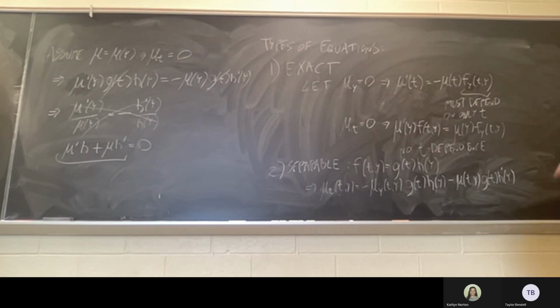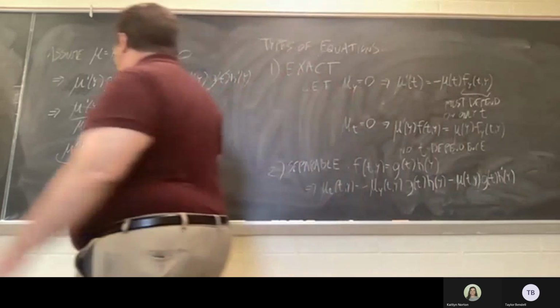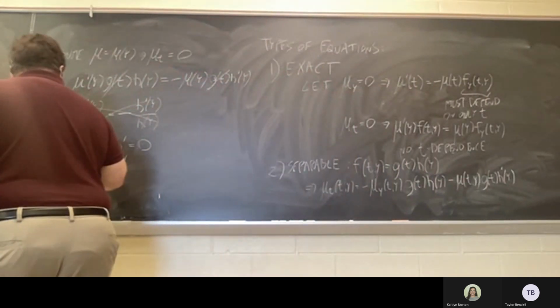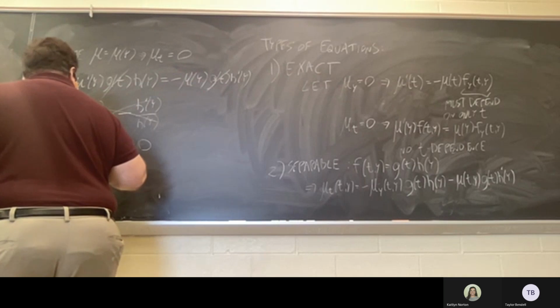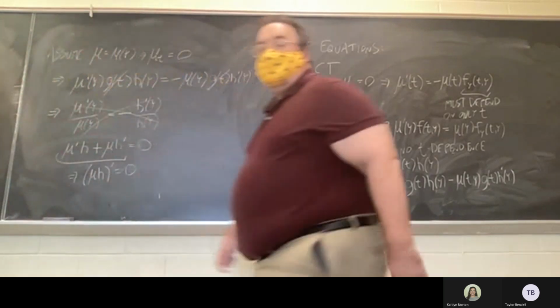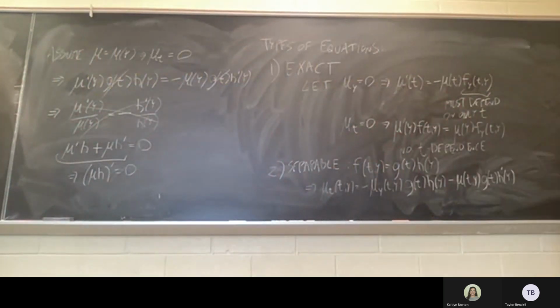That is a product rule for differentiation. Perfect. So that means that the derivative of mu times h is equal to 0. So what can we infer from that? Okay. So Taylor or Caitlin?